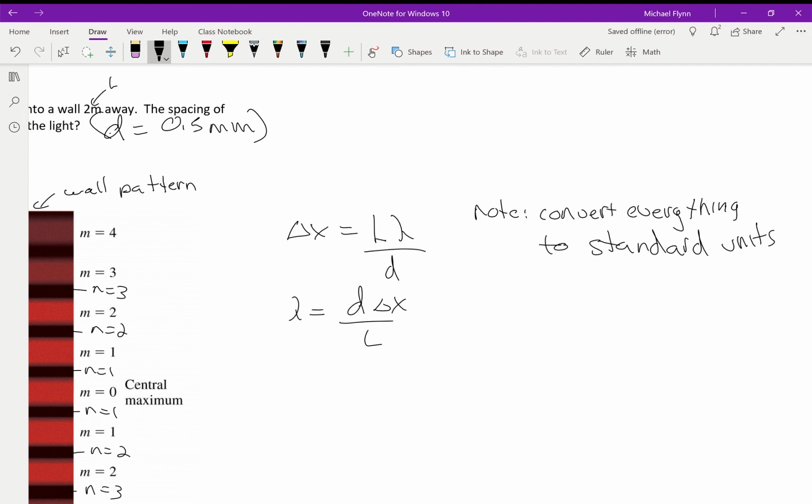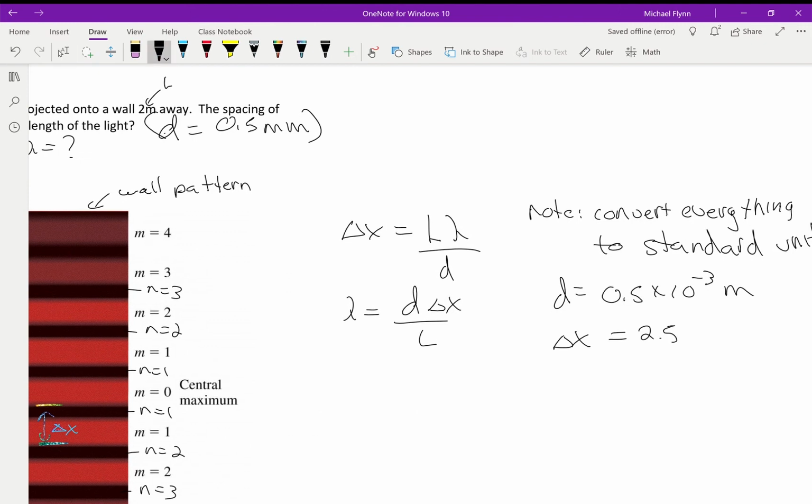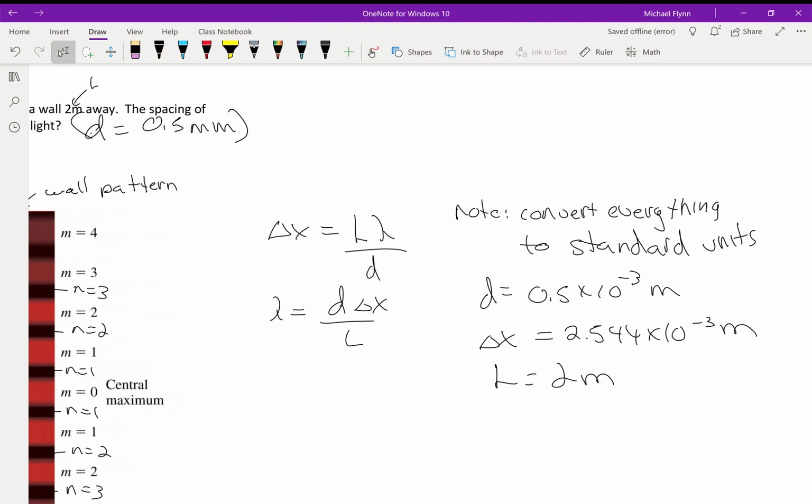So what that means is D would equal 0.5 times 10 to the negative 3 meters. Delta x will equal, what does it say? 2.544 times 10 to the negative 3 meters. L is already 2 meters. That's fine, that one. So we're good to go.